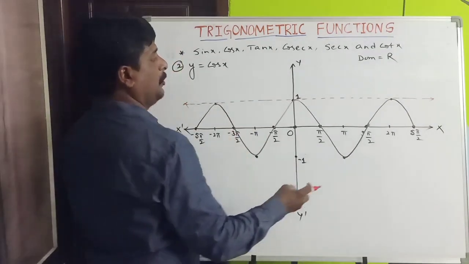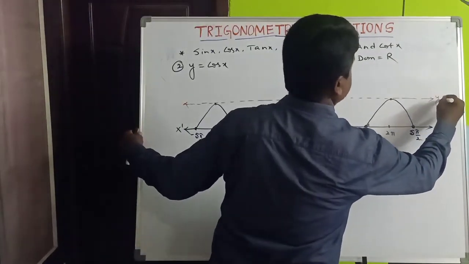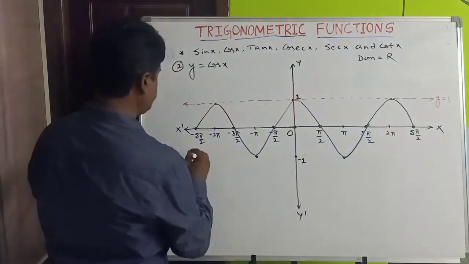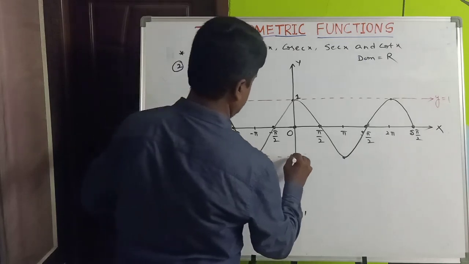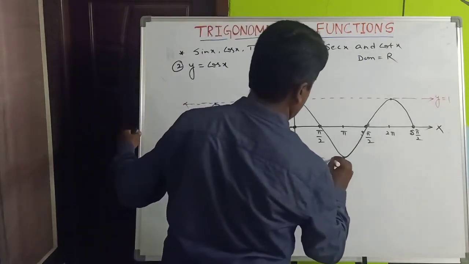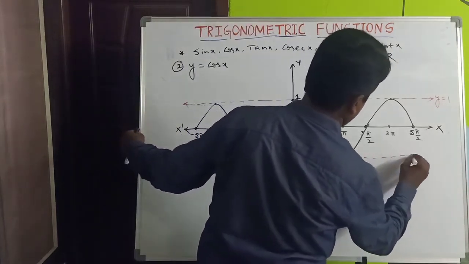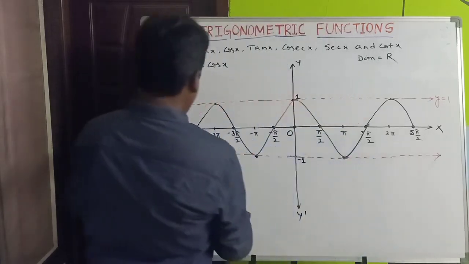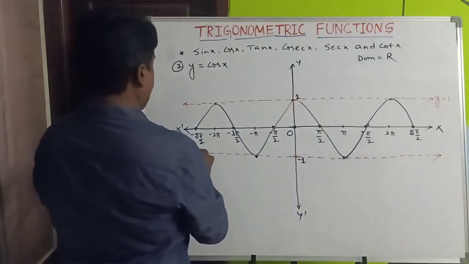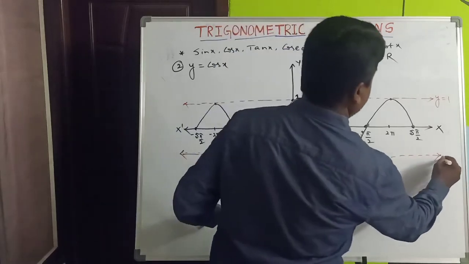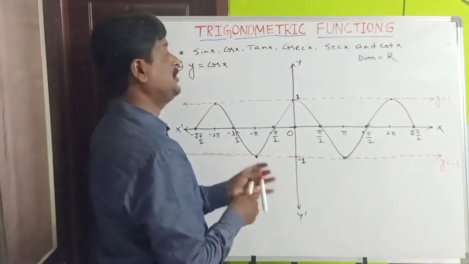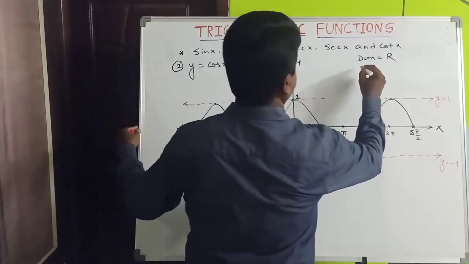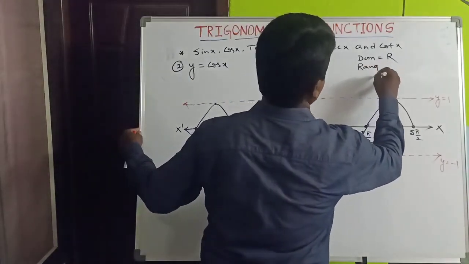Its upper boundary is y equals 1, and the lower boundary of the graph is y equals -1. That's why its range is the same as the sin x range.